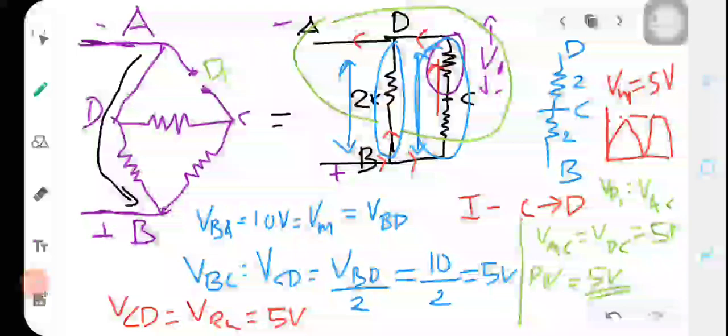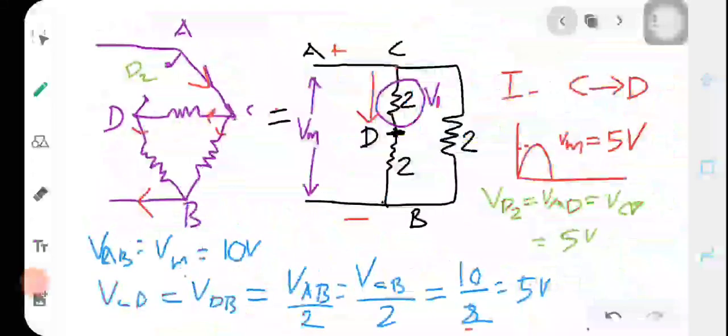So VD1 is equal to VAC, and since A and D are at the same potential, the voltage across AC will be the same as the voltage across DC. So VAC will be VDC. The voltage across DC is the output voltage in this circuit, that is 5 volt, which we have already obtained. So the peak inverse voltage is 5 volt.